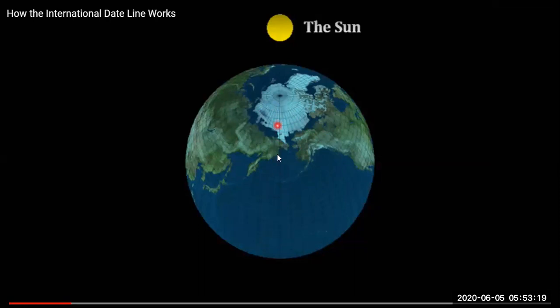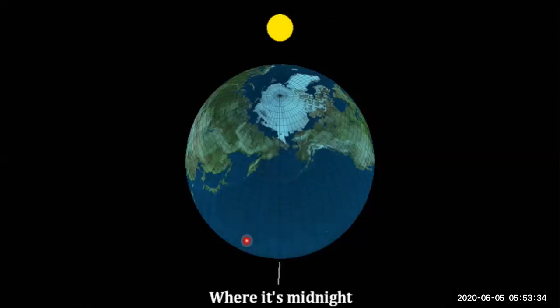Globally this point is north, and this point is south. This side of the globe shows the west, and this side shows the east. This is the Earth.